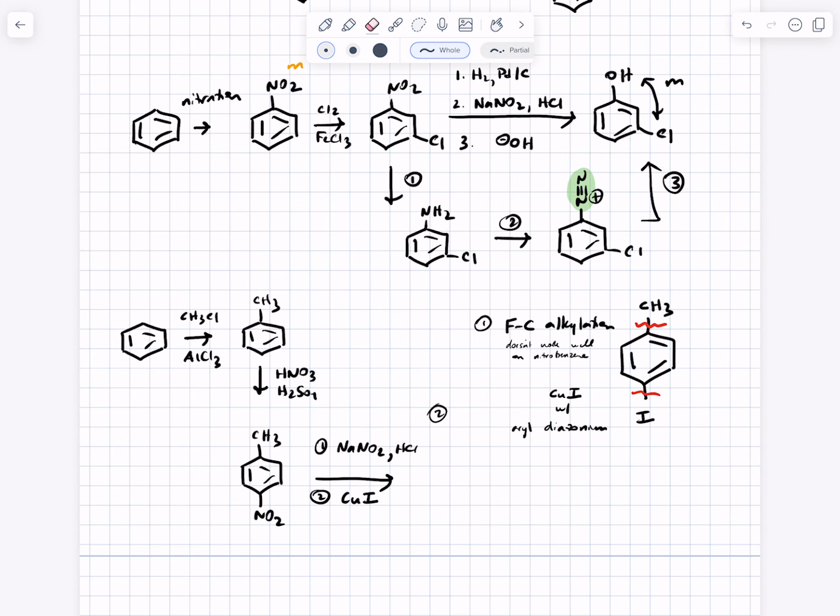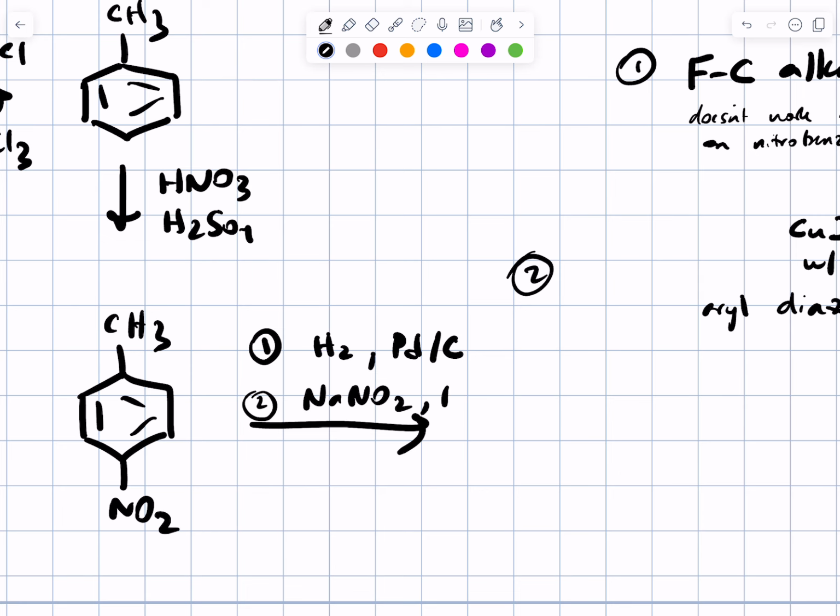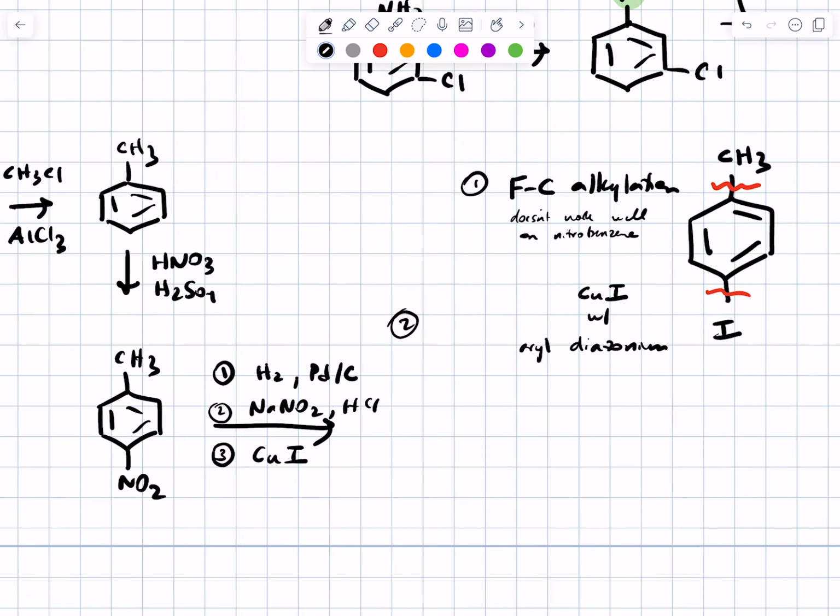Sorry, too fast. I skipped something, didn't I? You got to reduce, right? Reduce to the aniline first, then diazotize. Lovely new verb. And then nucleophilic aromatic substitution with copper iodide will get us to the desired product.